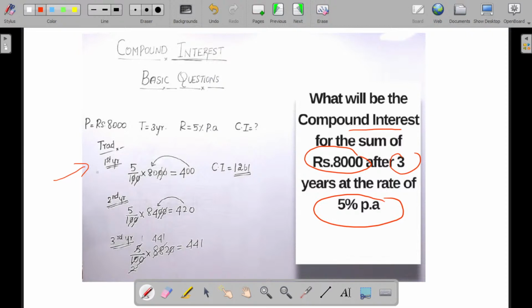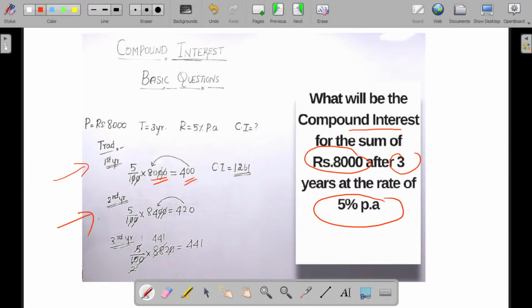For the first year, 5% of 8,000. So how much will you get? That is 400. We got the interest as 400.